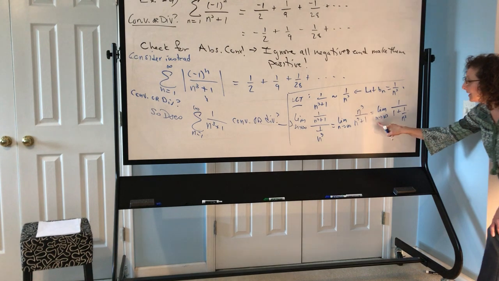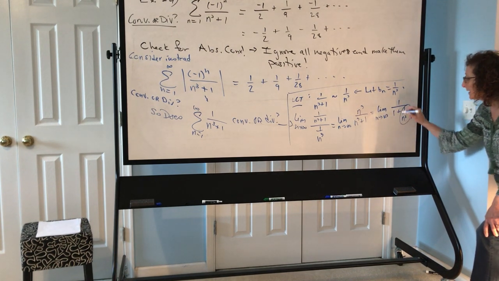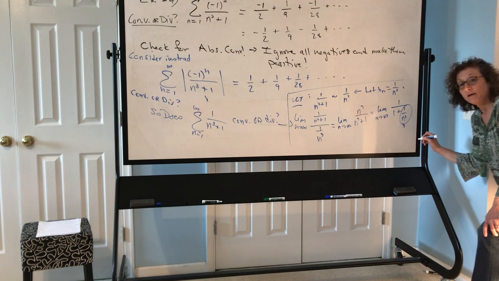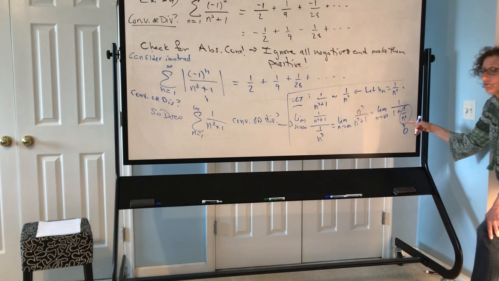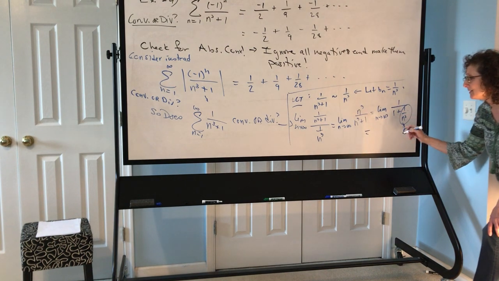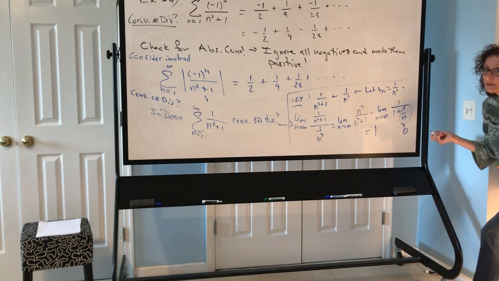Then I'm taking a limit as n goes to infinity. I've got these constants right here. The only thing with an n in it is now 1 over n cubed, and as n grows large, that goes to 0. 1 over something getting huge goes to 0, so my limit is 1 over 1 plus 0, which is 1. What do I care about in the limit comparison test?